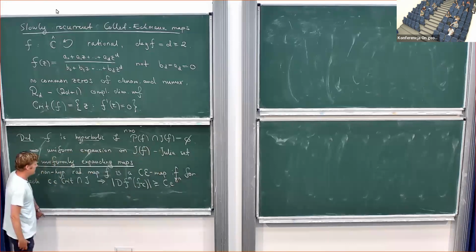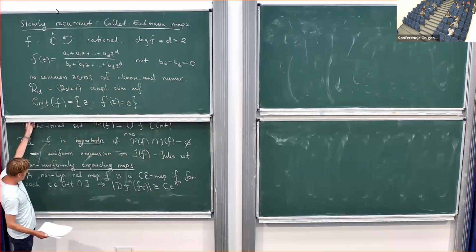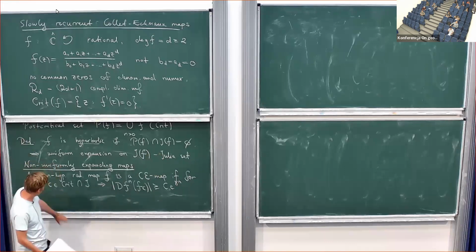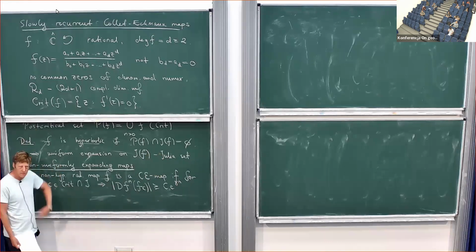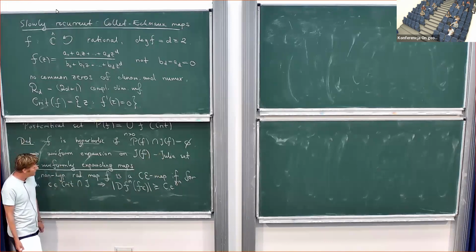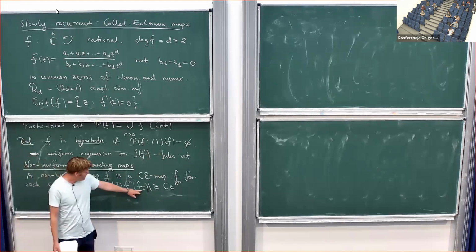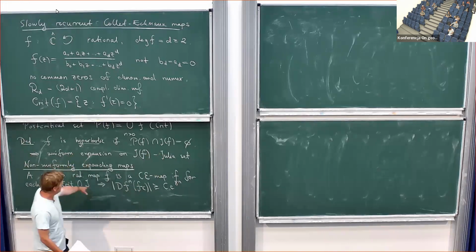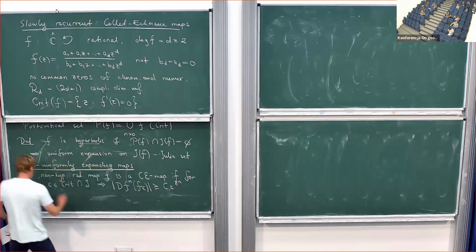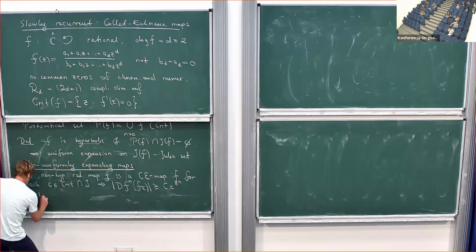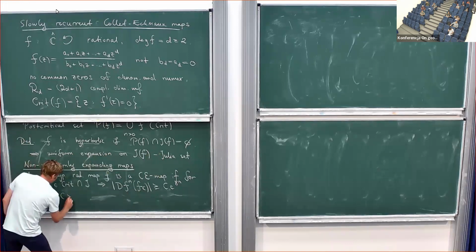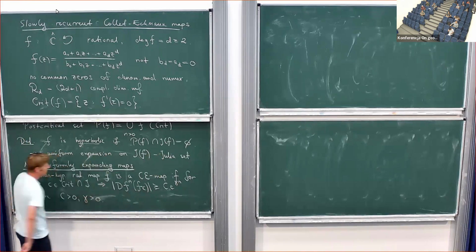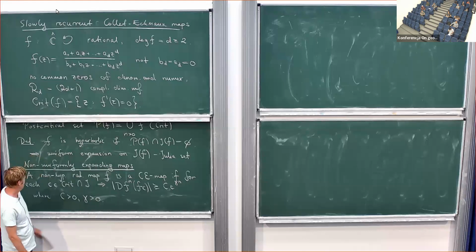And of course, this is if there are no other critical points in the forward orbit of c. I don't write it on the board. You have the critical points on the Julia set, iterate them forward, and as long as you don't hit any other critical point in the forward orbit, otherwise this is 0, of course, so it doesn't make sense. Then you have this kind of growth for some uniform constants.